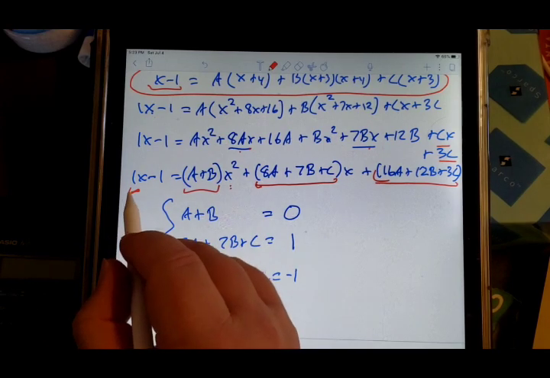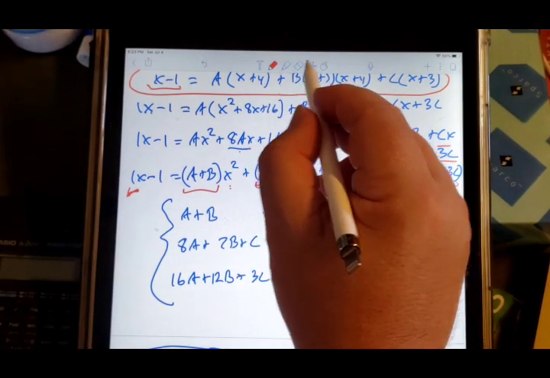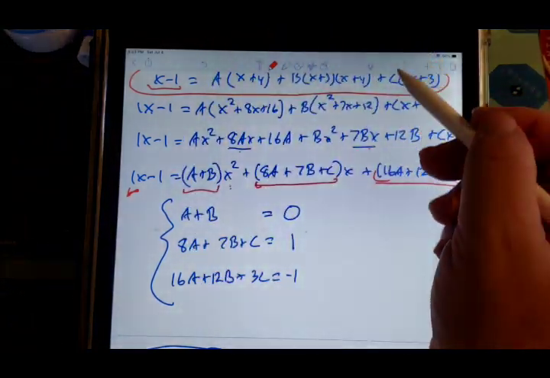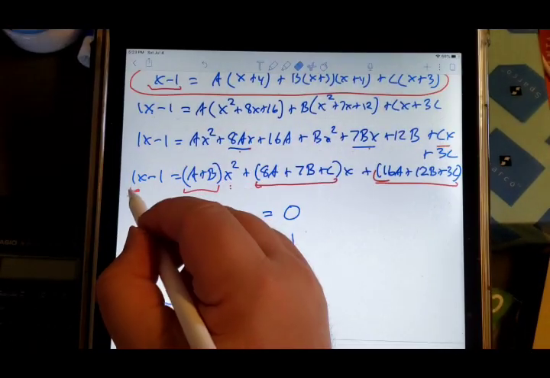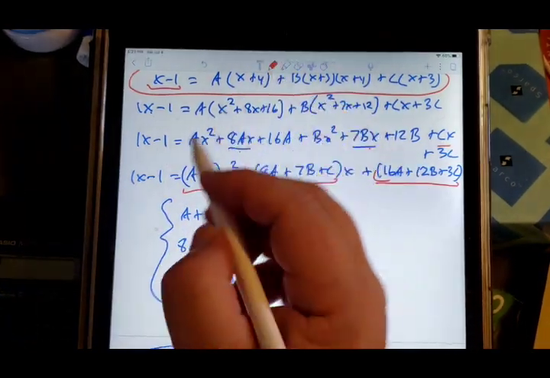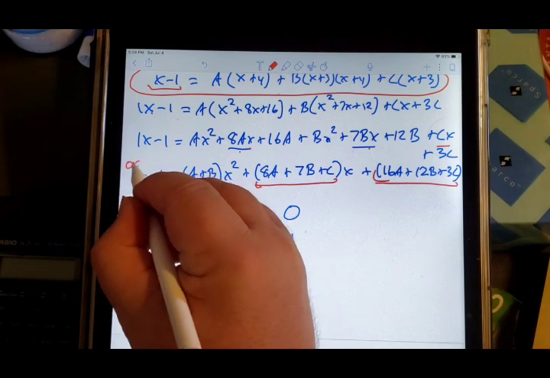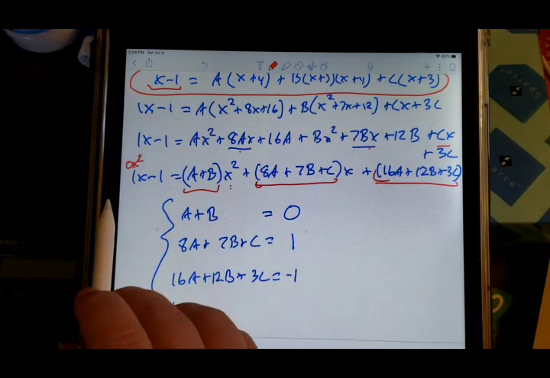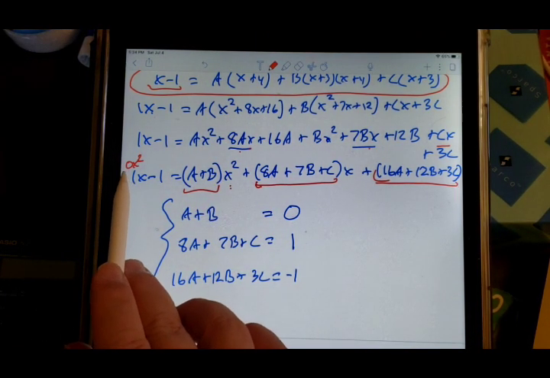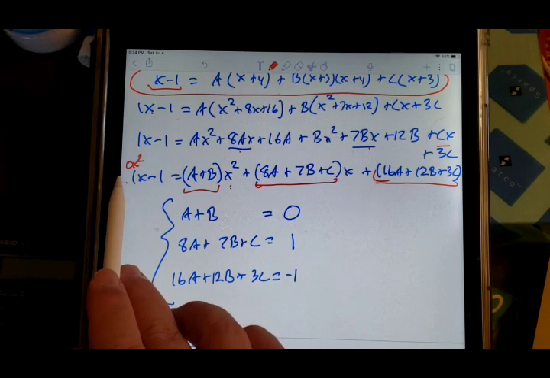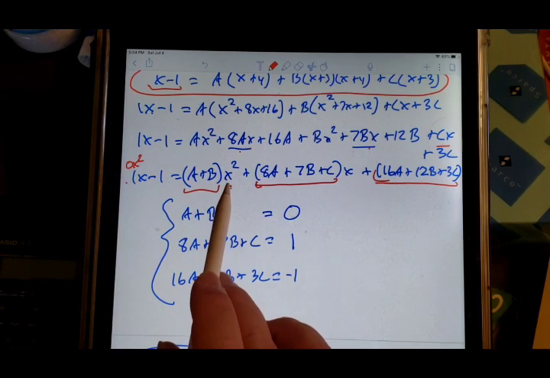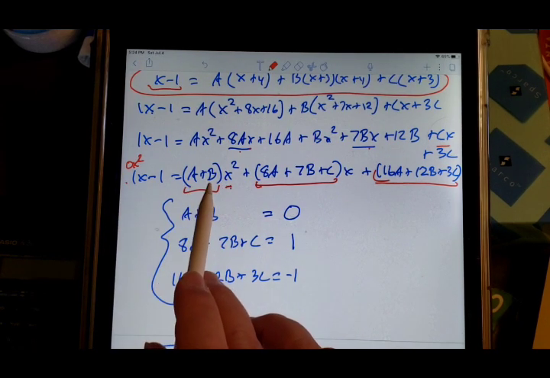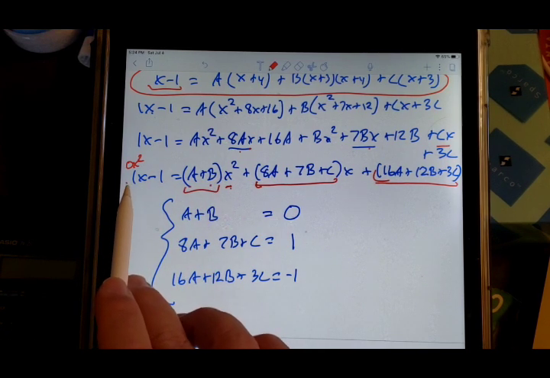All right. One thing I didn't include here is there is an invisible 0x squared, if you think about it, on this side. And the reason why I want to think about there being a 0x squared here is because I have an x squared. So what do I do with a plus b? What coefficient is it equal to?